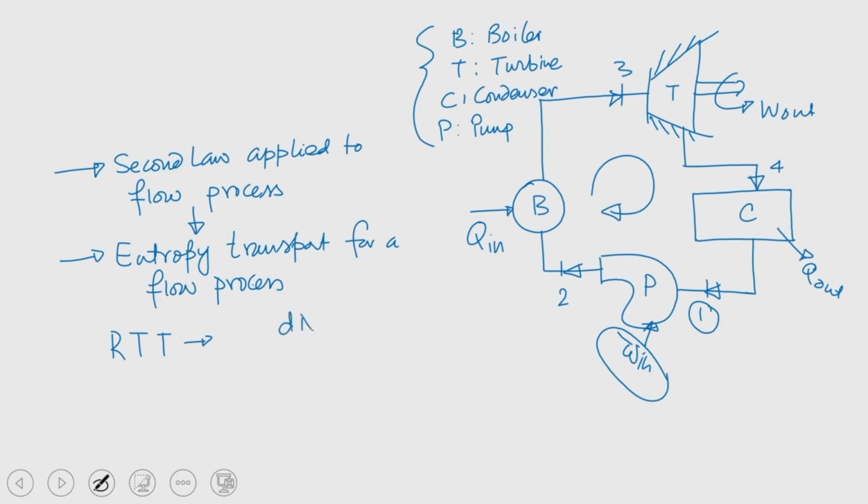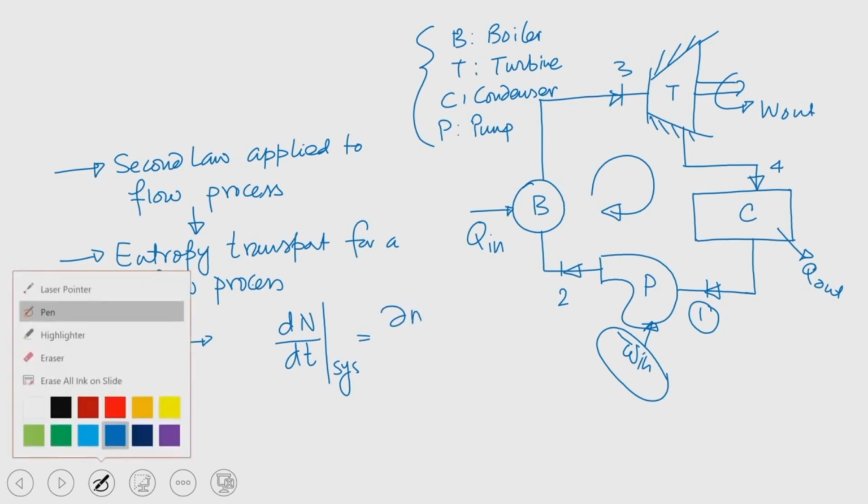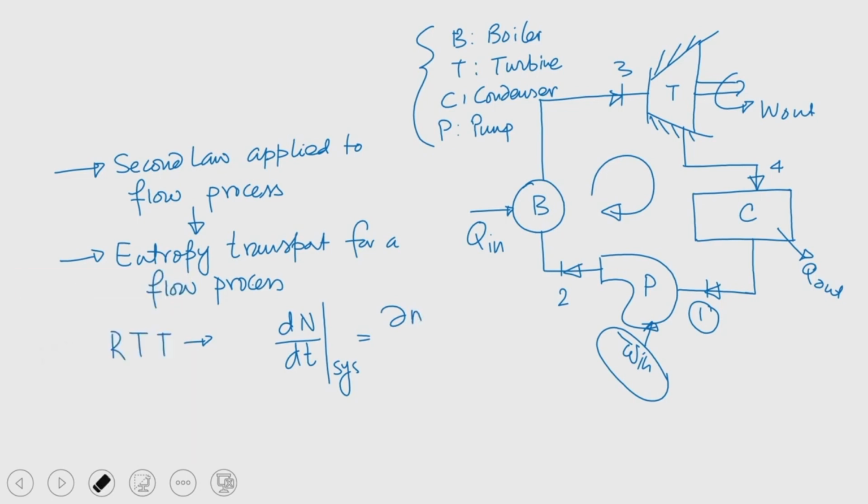So, this is dN/dt for a system, that is dN/dt for the control volume plus the control surface integral over dA.